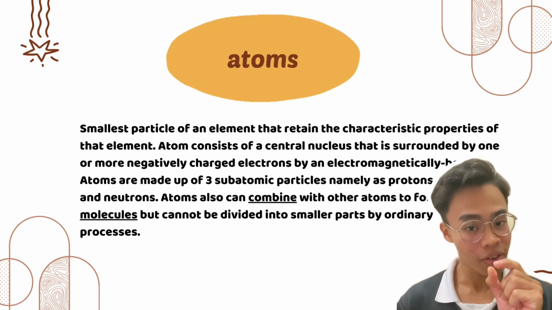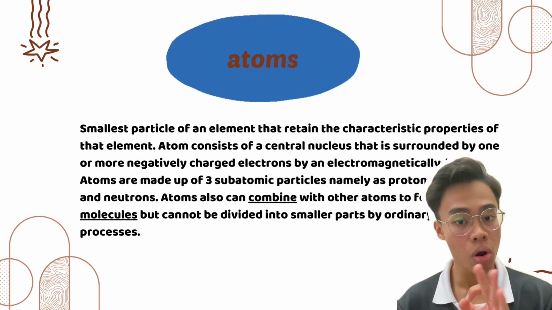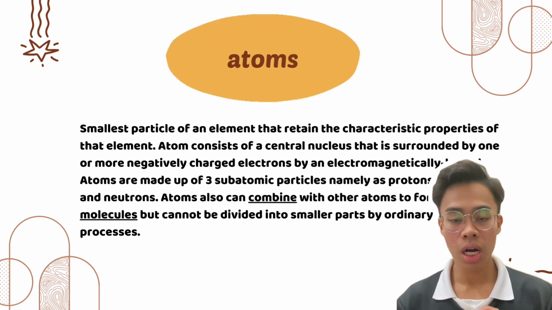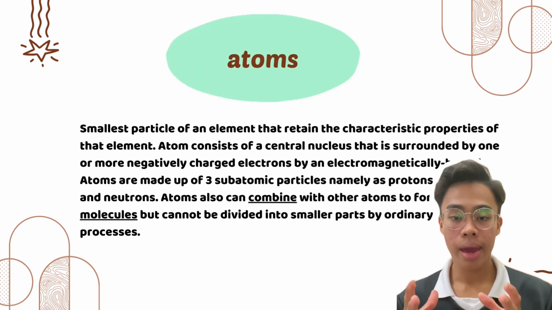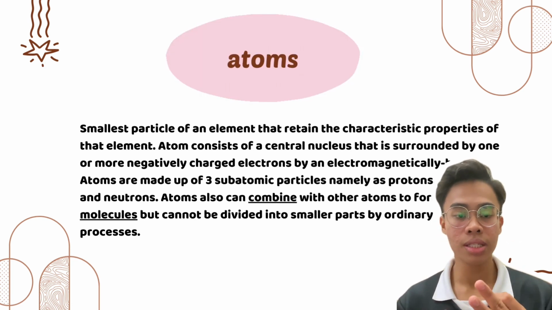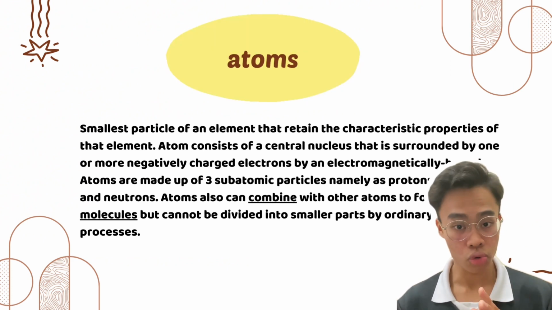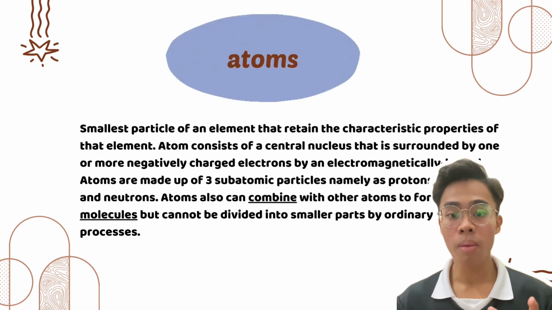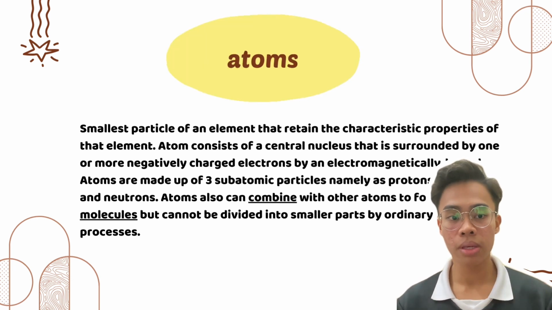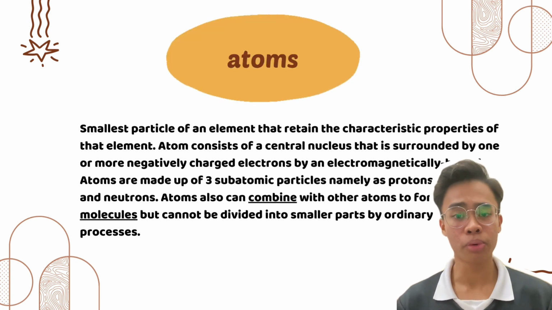Atom consists of a central nucleus that is surrounded by one or more negatively charged electrons, electromagnetically bound. Atoms are made of three subatomic particles named proton, electron, and neutron. Atom also combines with another atom to form molecule, but cannot be divided into smaller parts by ordinary chemical process.